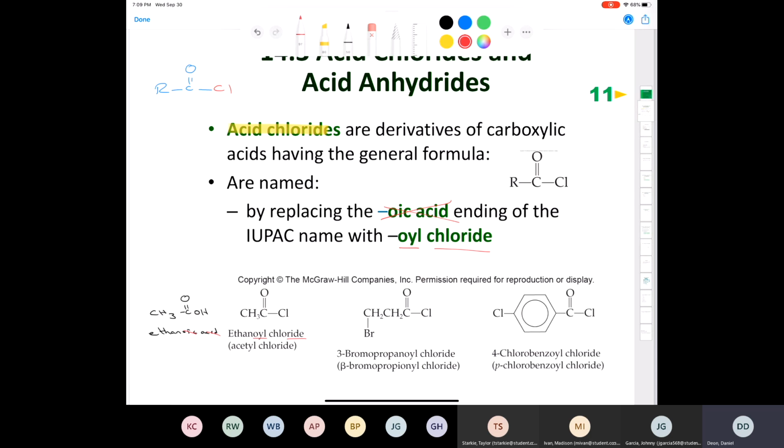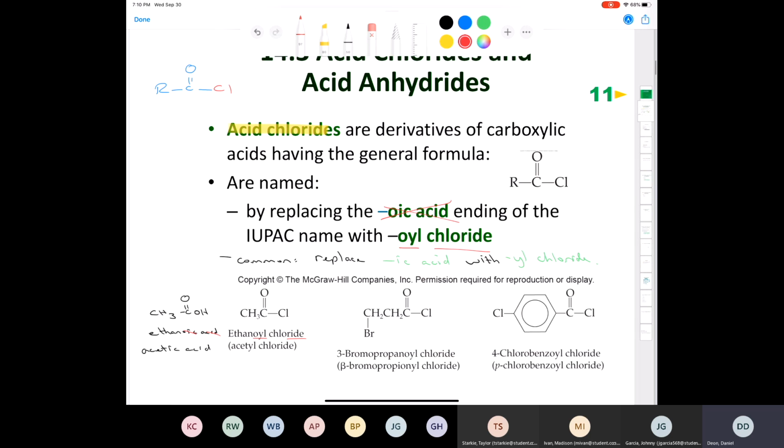Now, something that's not shown here in our slides is what you do with common names, and I'll show you right now. The common name of this molecule would be acetic acid. And what you do is, let me write it up here first, you replace "ic acid" with "yl chloride."